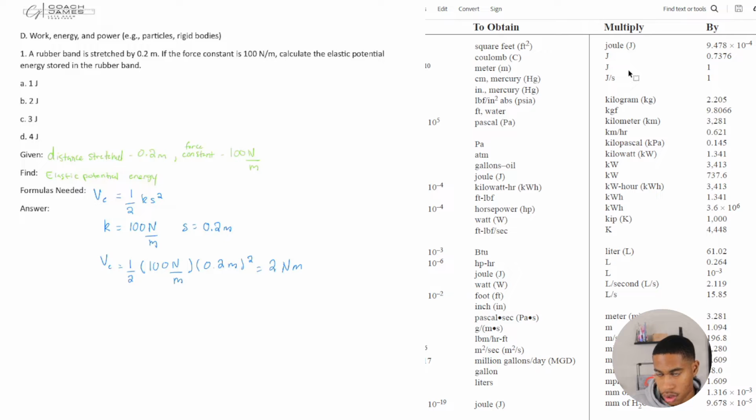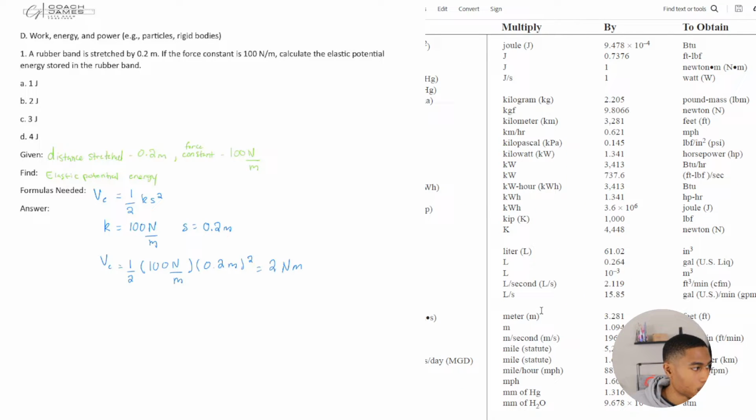Okay, so we know that 1 joule equals 1 newton meter. So when we do our unit conversions, 1 newton meter is equal to 1 joule, and therefore this is equal to 2 joules. Okay, so for my answer, I get B.